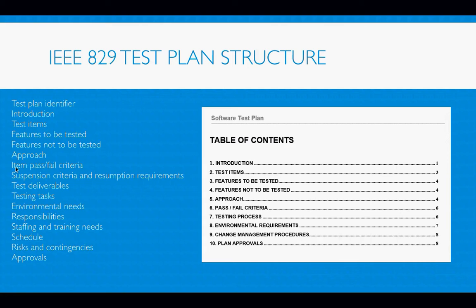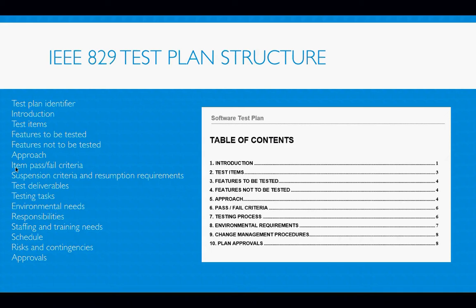Basically, what is the approach that you want to use in testing? You also have your pass or fail criteria. If I say a test fails, what am I talking about? If I say it passes, what is the criteria I am using?